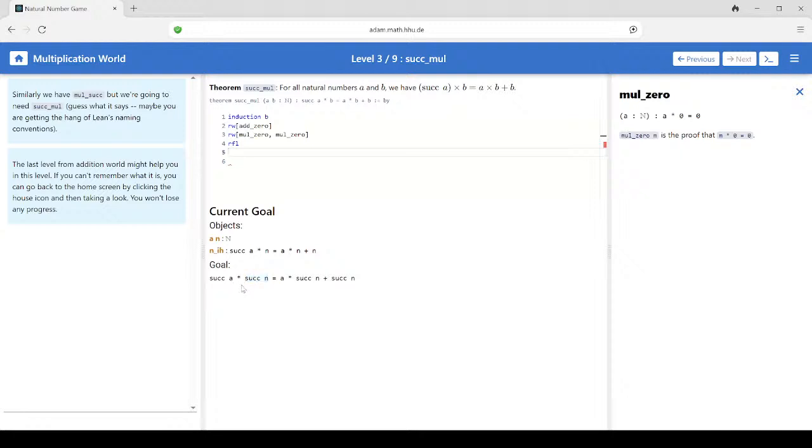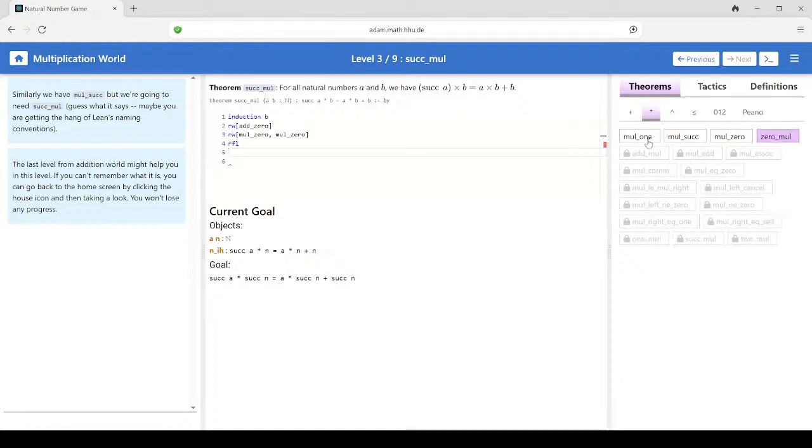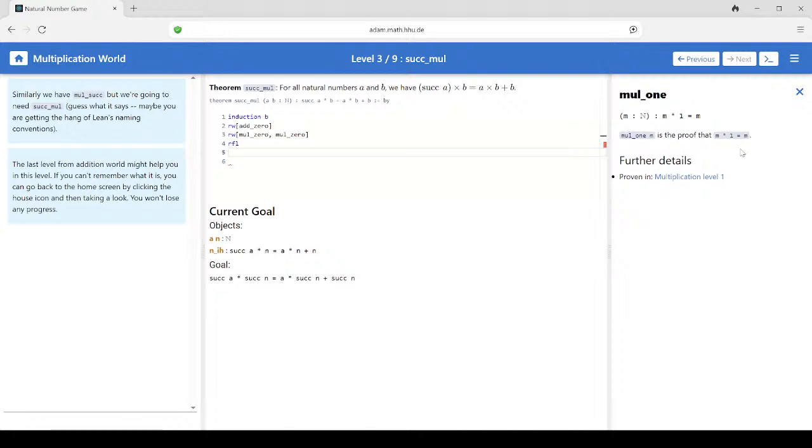So the successor of A times the successor of N equals A times the successor of N plus the successor of N. Nothing's being multiplied by 1.